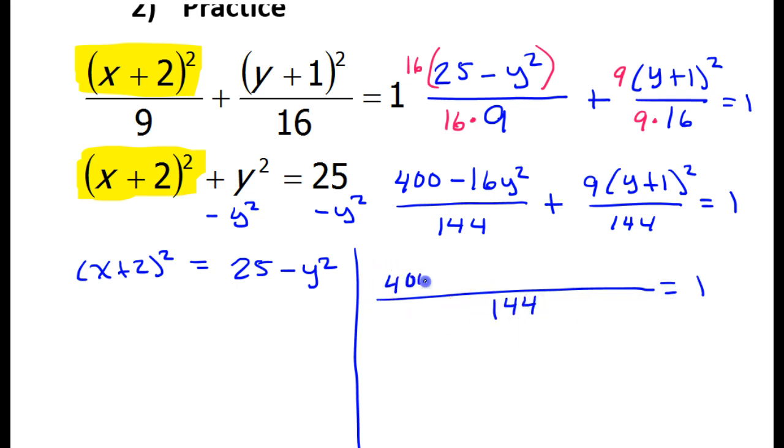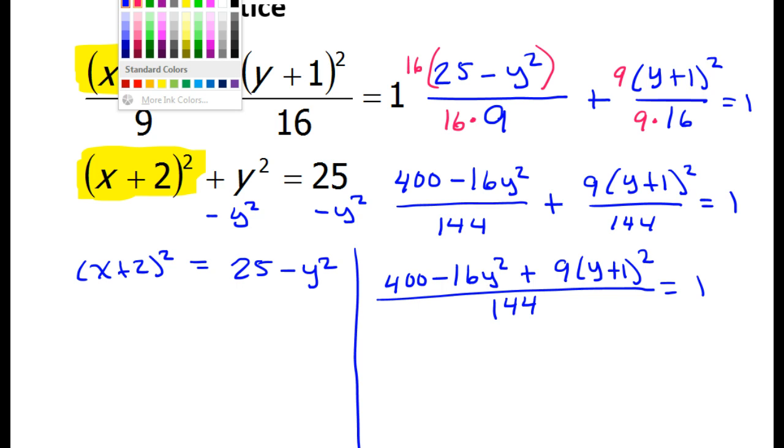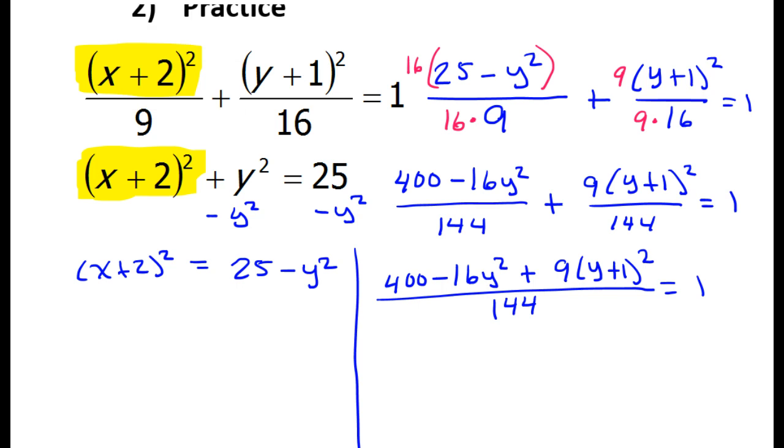Now I've got 400 minus 16y squared plus 9 times y plus 1 squared. I don't like the fact that this is a fraction, so I am going to multiply both sides by 144.